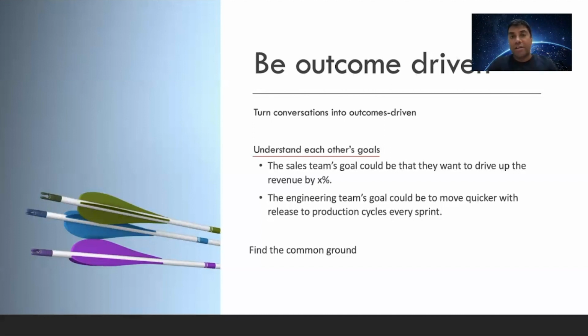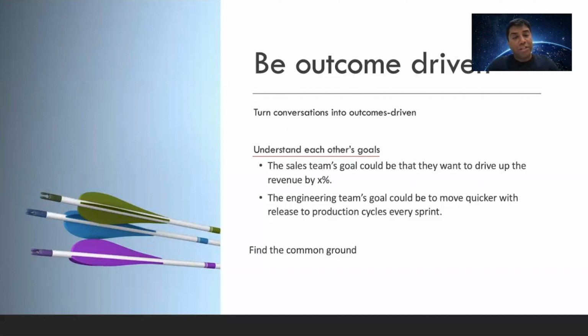And that is actually going to help your sales team drive up the revenue by X%, because this is a premium feature that we're going to be introducing into the market. You could drive those conversations. And again, here are all the outcomes that you're putting into this conversation.